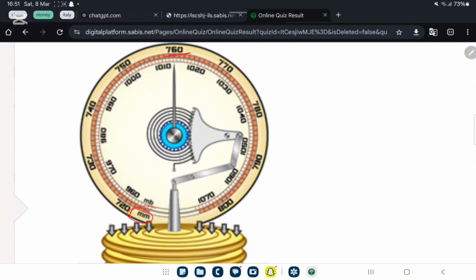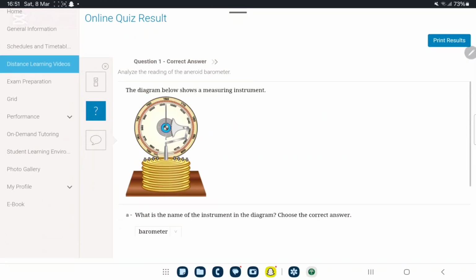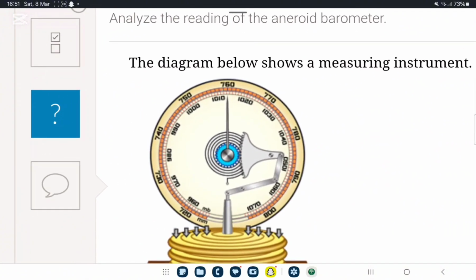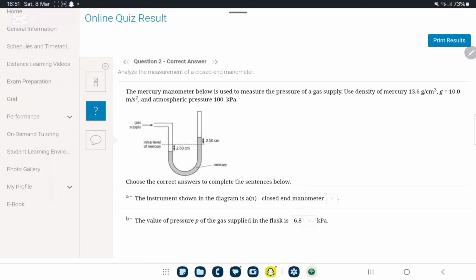So the answer is in the figure, it's millimeter Hg in the outer rim. If you remember in chemistry, we took that 760 millimeter Hg is 1 atmosphere, and it's up on top here, so it's 1, and millimeter, so it's millimeter Hg. They're asking for the name of the instrument.